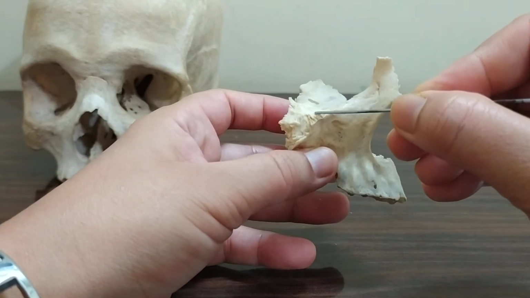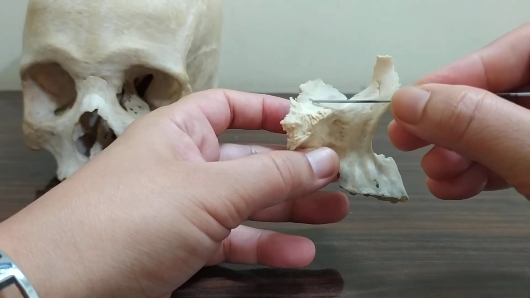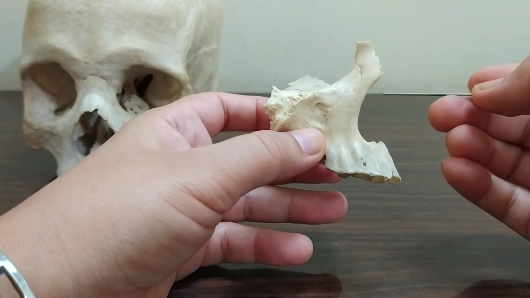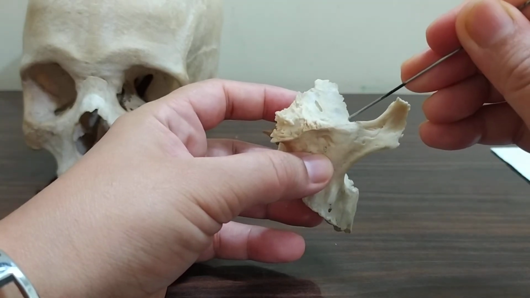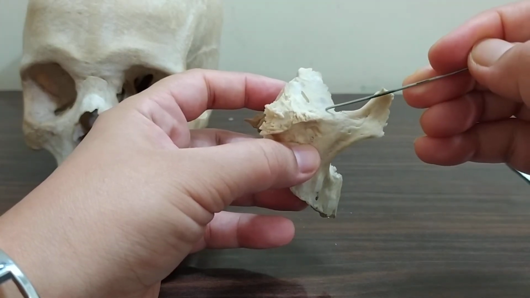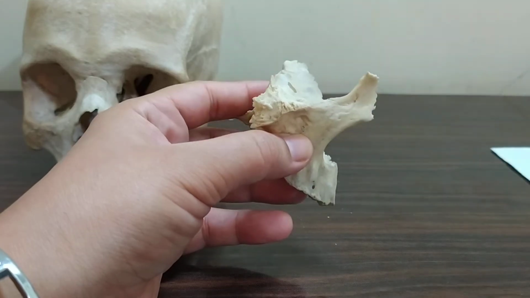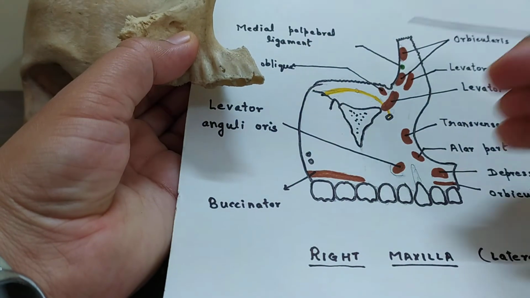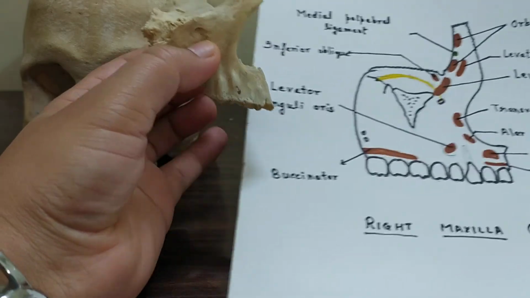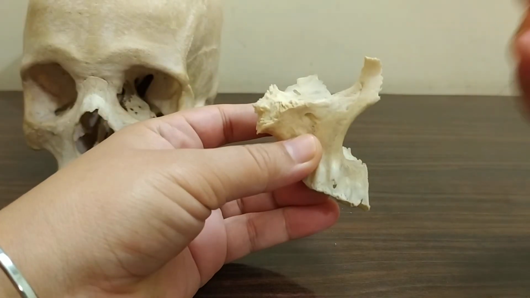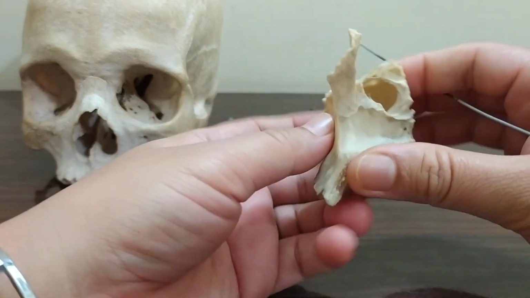This canalis sinuosus transmits the anterior superior alveolar nerves and vessels. Lateral to the lacrimal notch, a few slips of the inferior oblique muscle are attached. This is the orbital surface.